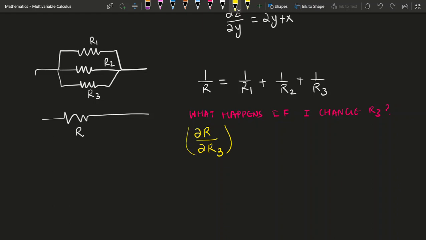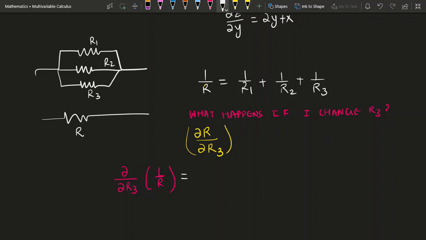Now you can arrange this expression into a clean form and do an explicit differentiation, or you can start by taking the derivatives right away. So you are doing del over del R3 for the entire expression. That's the left hand side.